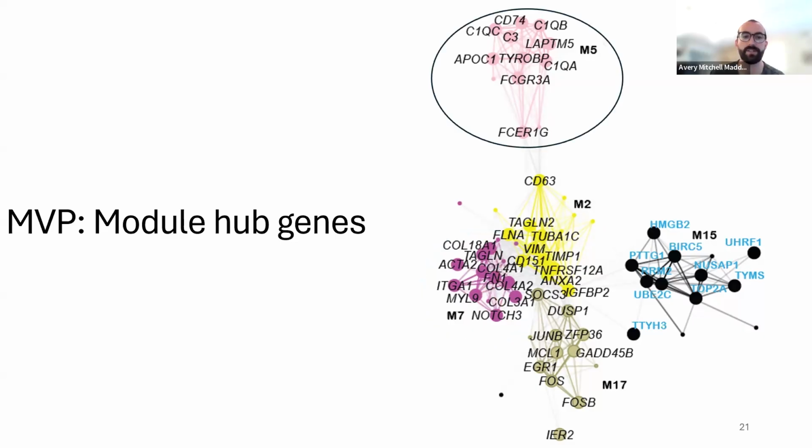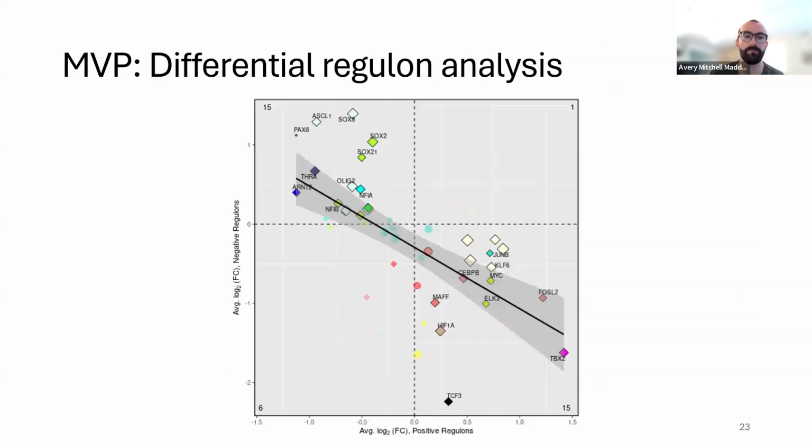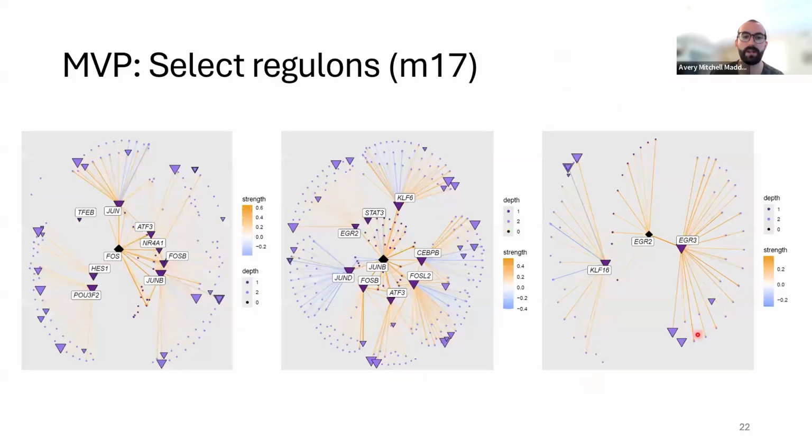And part of how we try to address that is looking at these regulons, which give us a better idea of actual directed interactions between a transcription factor and target genes. Something we could do as a next step to help elucidate this even further, very similar to having the transcription factor regulatory network, would be to have a much broader regulatory network of all the genes where we can have directed relationships.